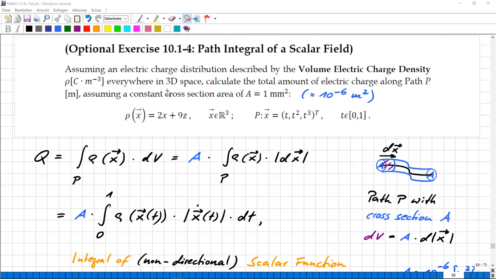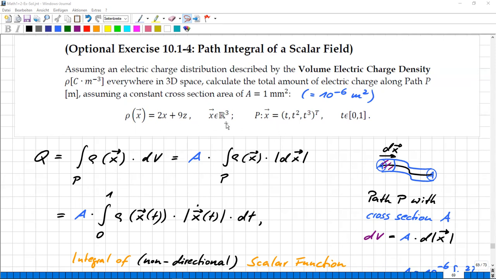This is defined everywhere in space. But now we have a certain path in space. You see, it's not very technical. It's just sort of playing around with t, and this spatial curve should be the one having coordinates t, t squared, t cubed. Please don't be confused about this exponent capital T. This always means transposed, because a vector in matrix and vector algebra is usually given as a column vector.